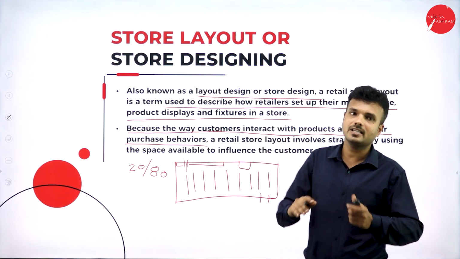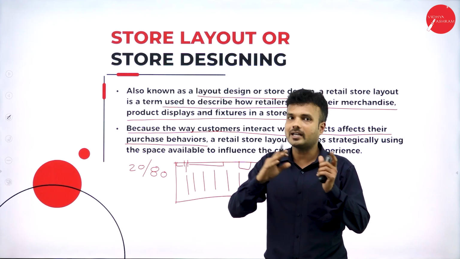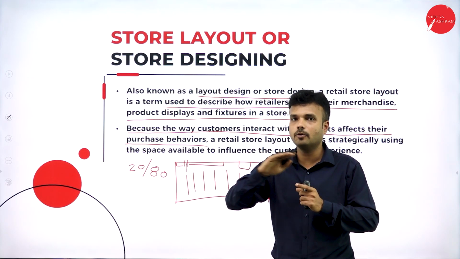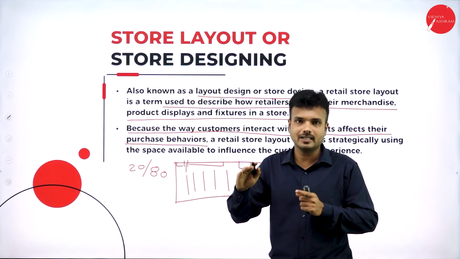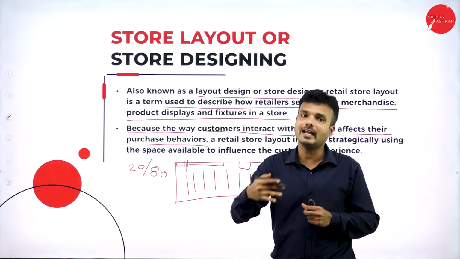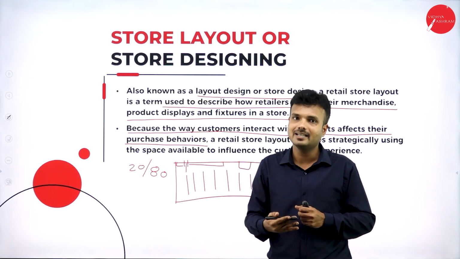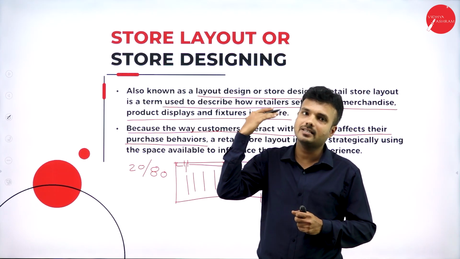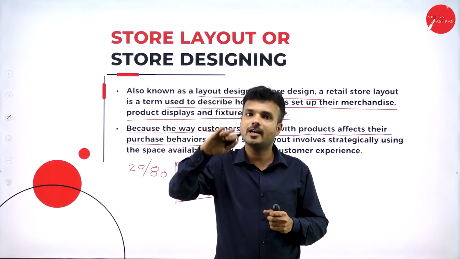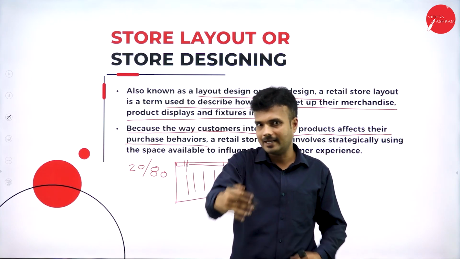What happens if he just keeps a product, not arranged in a better way, without any board, banners or advertisement? The customer is not at all aware of that product. How can he purchase it, right? By seeing the advertisement, the banners, the flex, the customer may become aware of the product and can make the purchase decision.